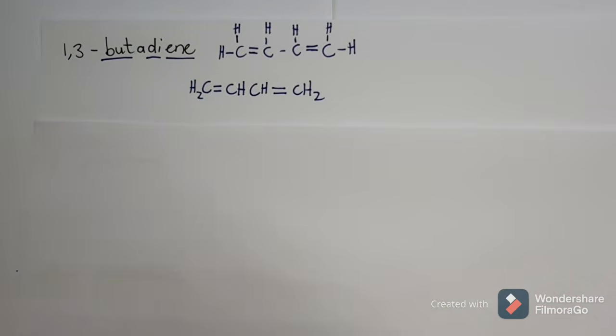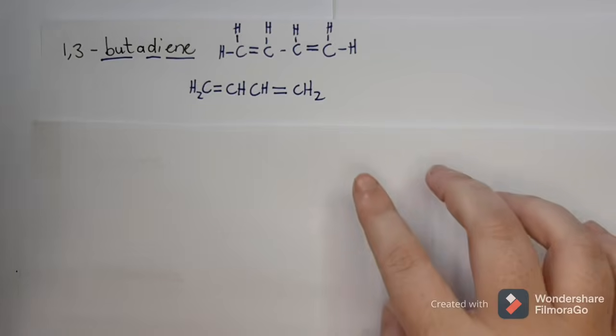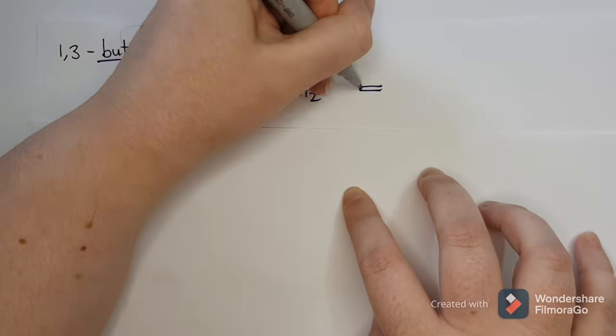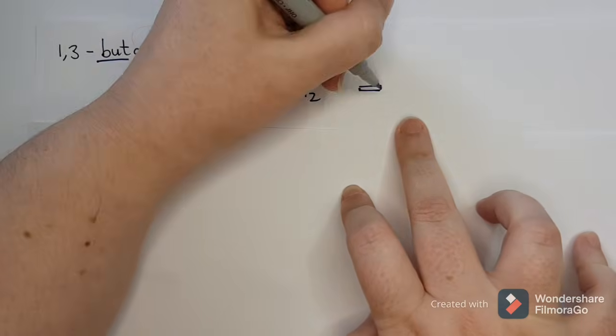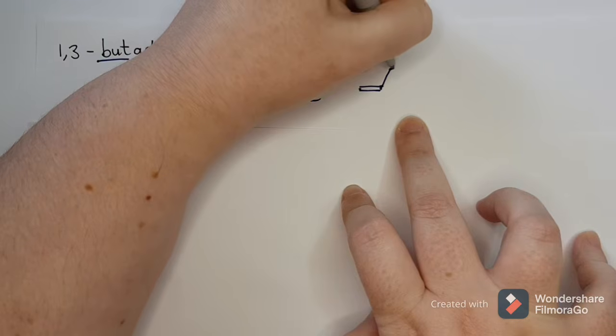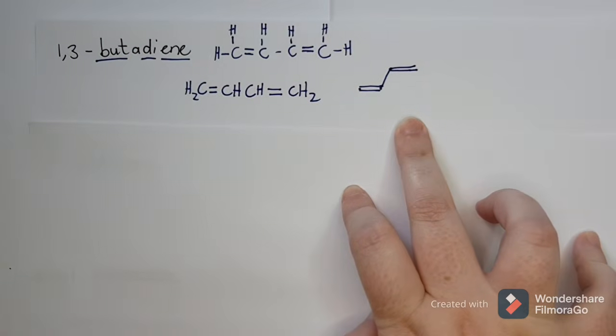And then to draw that as a skeletal formula, I've got a double bond between carbon 1 and carbon 2. Then I go to carbon 3, and on carbon 3 to 4, there's another double bond.